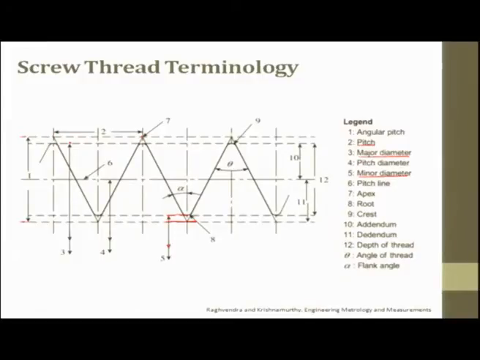And what is pitch diameter? Pitch diameter is from the center, the coaxial axis, to this point, and we call it the pitch diameter. What is a pitch line? The pitch line is nothing but the axis line, the axis of the screw, the center portion of it.